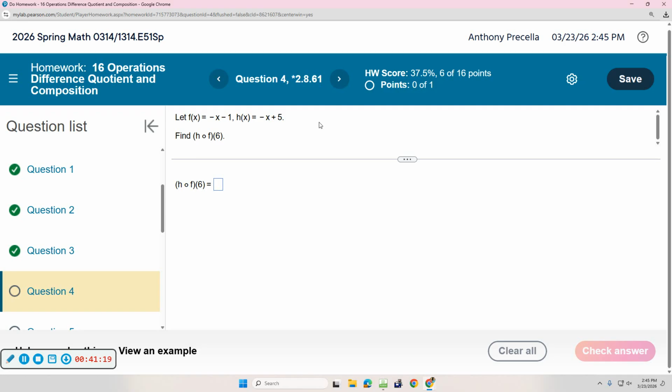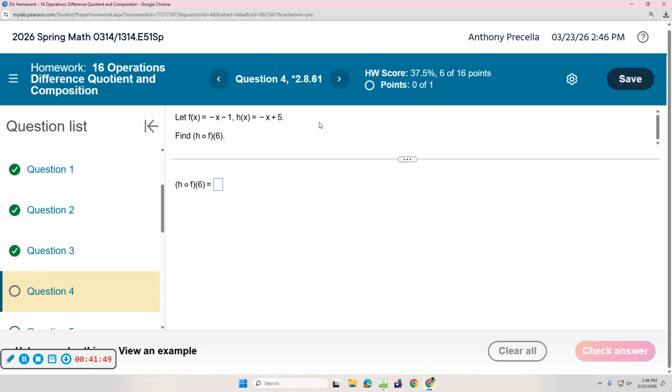Let me write these two functions down. This is number 4. We have the function f of x is equal to the negative of x minus 1. The other function, oh, it's an h instead of a g. An h of x is equal to negative x plus 5.